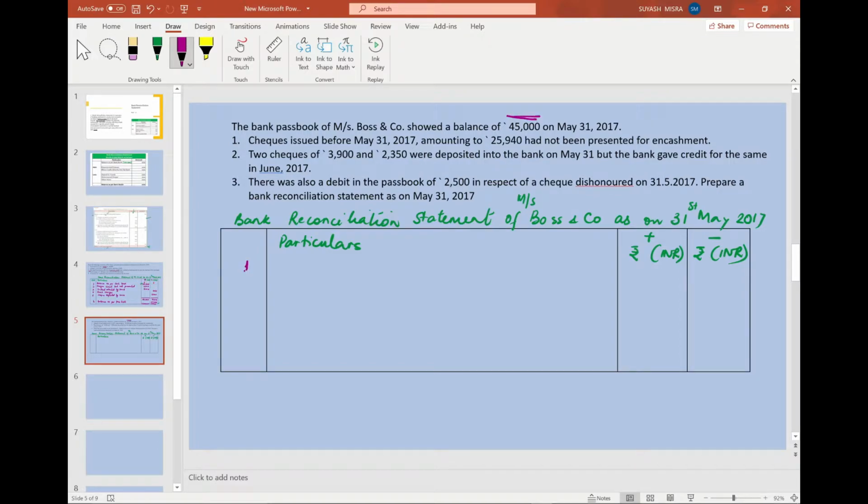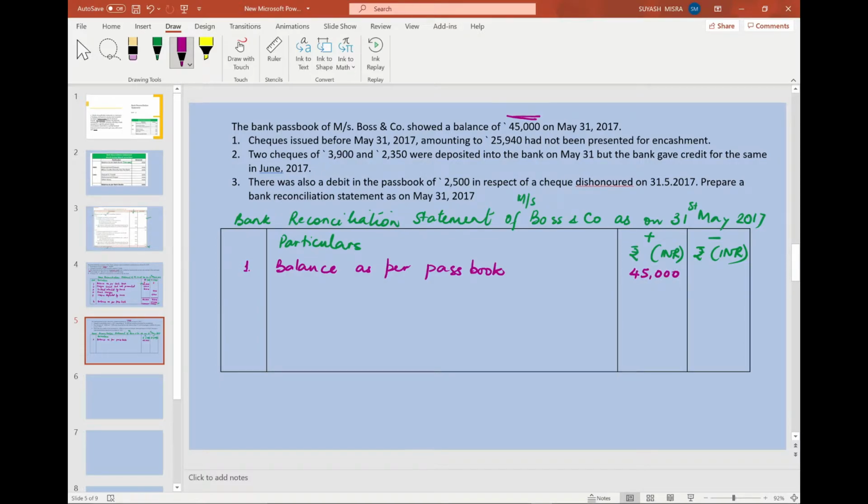My first entry would be balance as per passbook, or you can say bank statement. This is maintained by the bank. And this is a positive balance because it shows a balance of 45,000. Otherwise, they would have told overdraft. So I would write here 45,000.